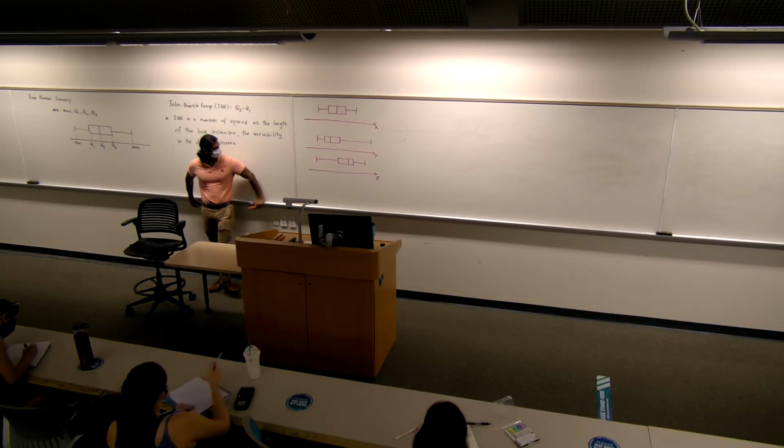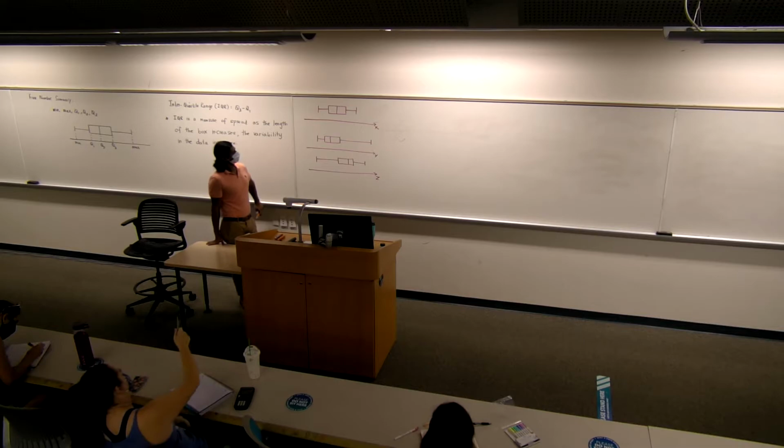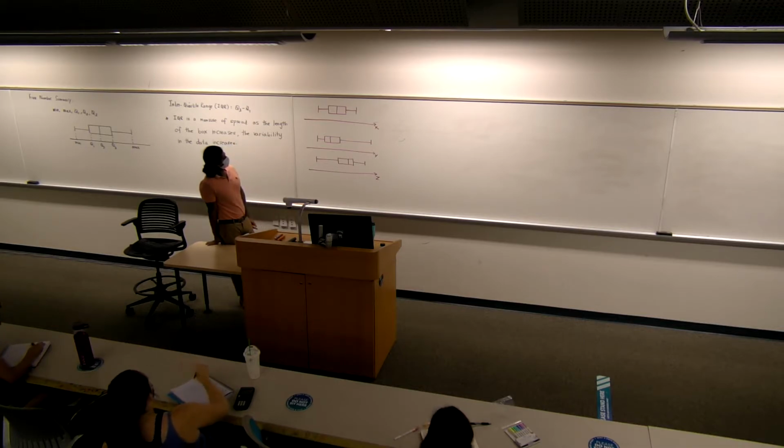The outlier is greater than the middle of the points, and the outlier is less than.